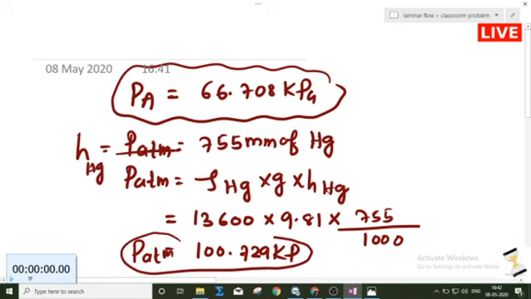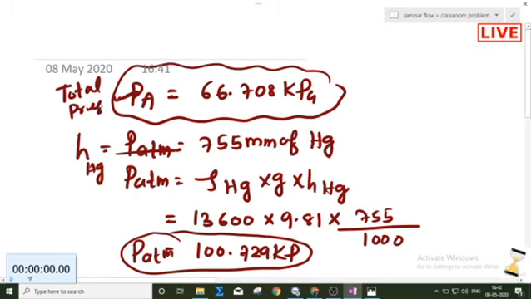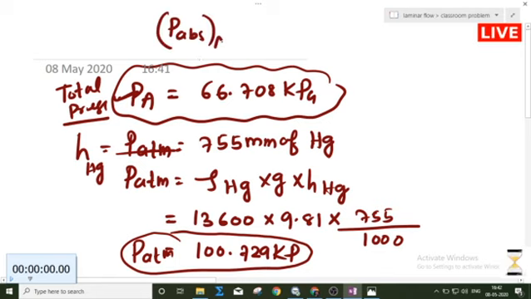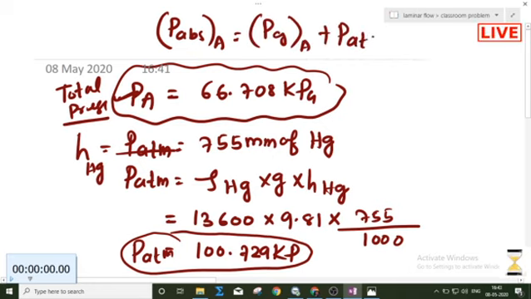Now the pressure we got at point A is the absolute, the total pressure at point A. We know the absolute pressure at point A equals gauge pressure at point A plus the local atmospheric pressure.